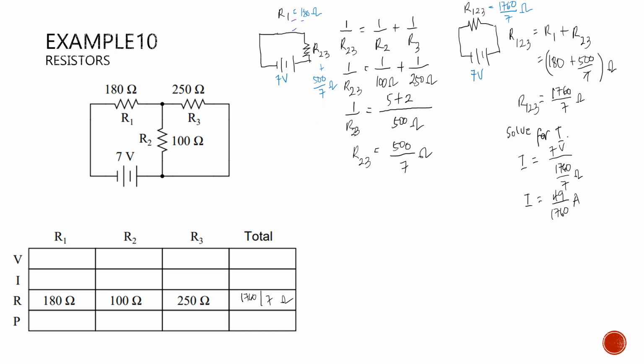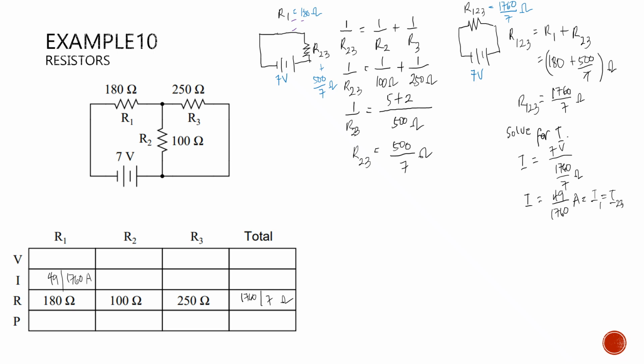So I total is equal to I1 and also equal to I at the resistor 2, 3. So we now have a value here for I1. So it's 49 over 1760 amperes.